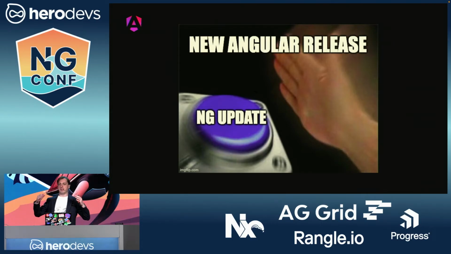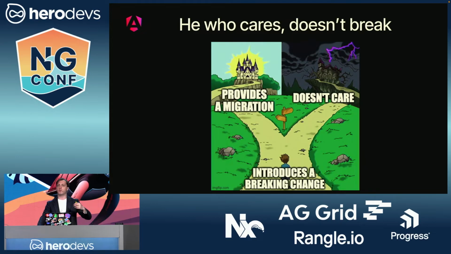When you update your application, you do ng update, and ng update handles the breaking changes for you by running the migrations that the team provides with each major version. But you have to know that those migrations have to be written. So every time someone introduces a breaking change, I have the choice of providing a migration or not providing it.